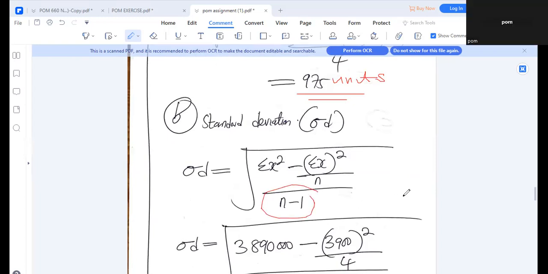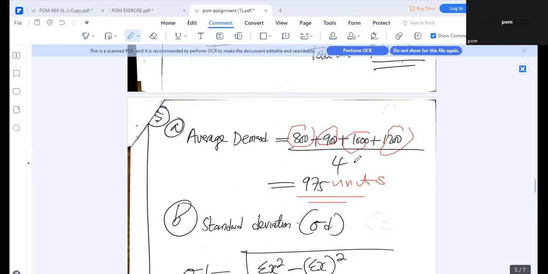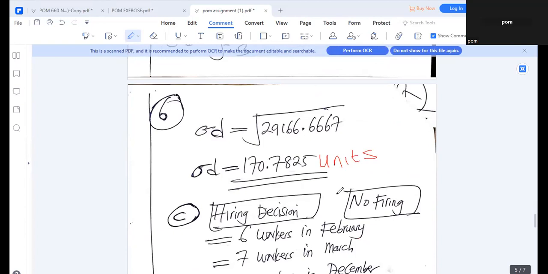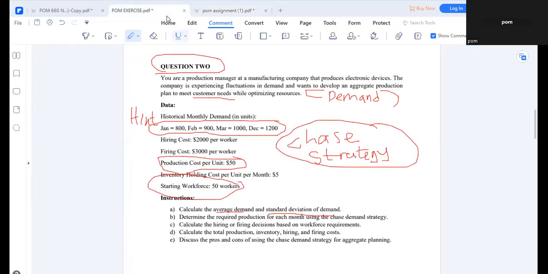So we're getting the standard deviation using this formula here, squaring each of these, substituting in this equation, we got 170.72. Then getting down to the other one where it says, tell me the required production for each month using the chase demand.